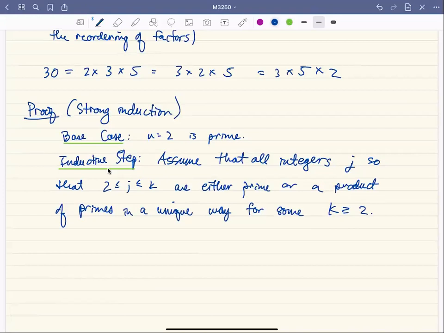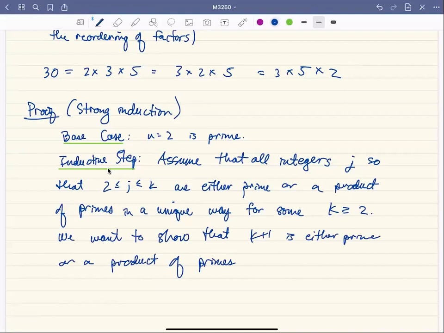I think this is just important to keep in mind. We want to show that k plus 1 is either prime or a product of primes in a unique way.